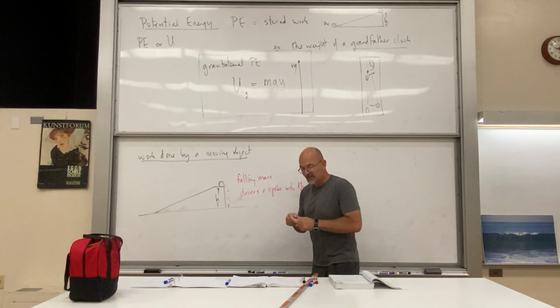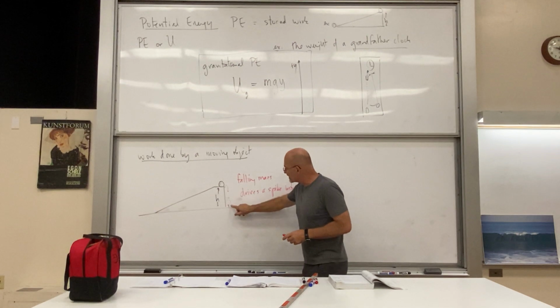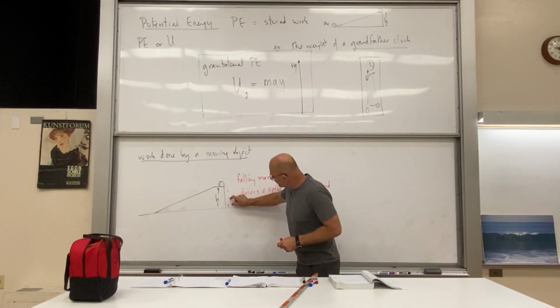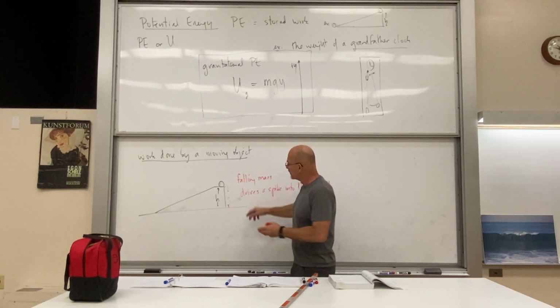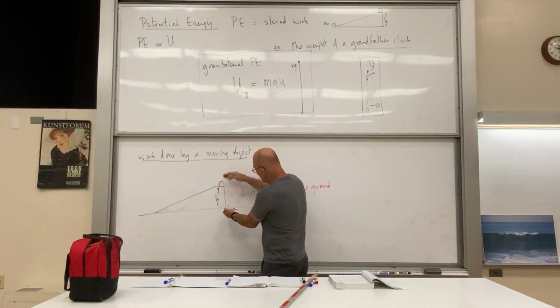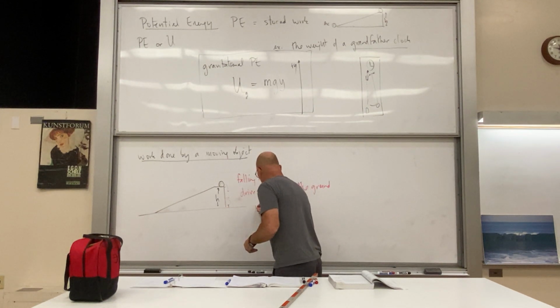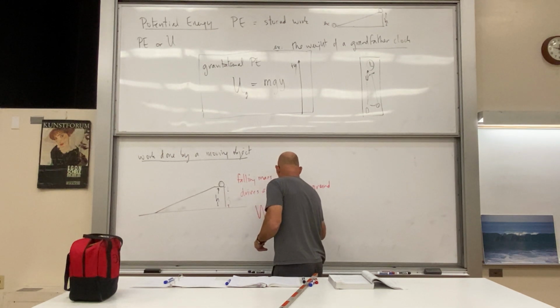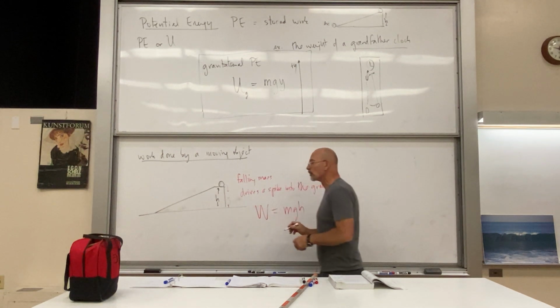And then here's the thing. The work done is the force times the displacement. So the work done is that mgh. So work is equal to mgh. That was our stored work.